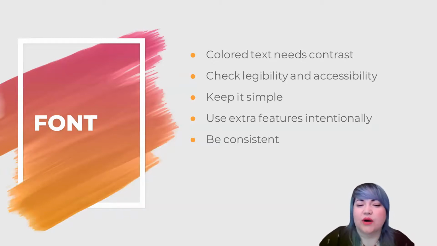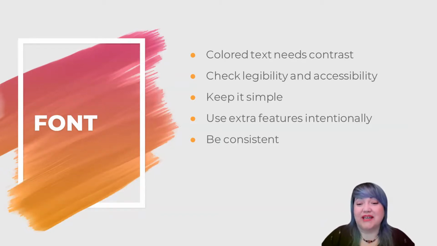Okay. Now that we know how to make sure the colors don't interfere with the legibility of our text, let's talk a little more about font decisions. Besides the color of the font, you still need to make some decisions to ensure that it's easy to read. The more text you have all at once, the simpler the font should be. So a long paragraph of text should not have too many embellishments and swirls and that sort of thing.